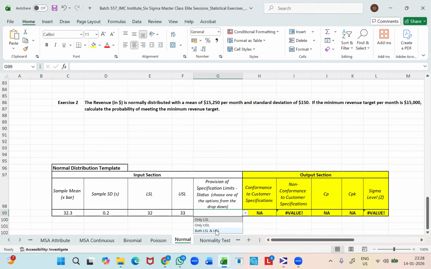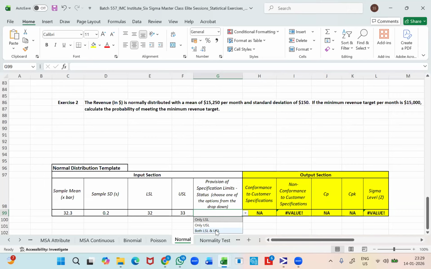And similarly for lower the better, only USL will be applicable. In that case, LSL wouldn't have been provided to you. So we need to leave the LSL field blank, provide the value for USL, and choose the option only USL in the drop down.